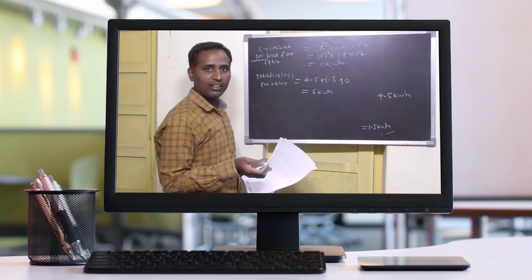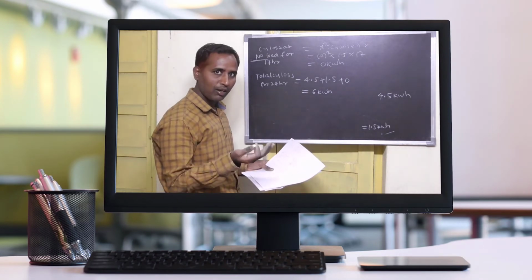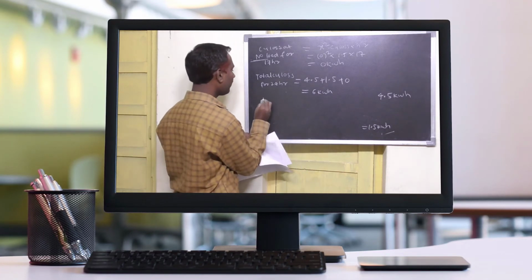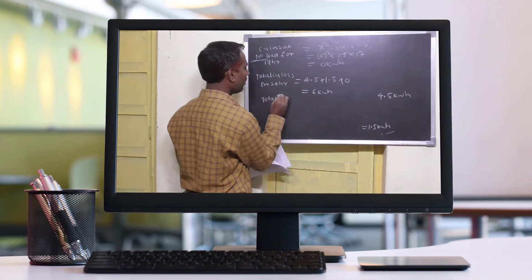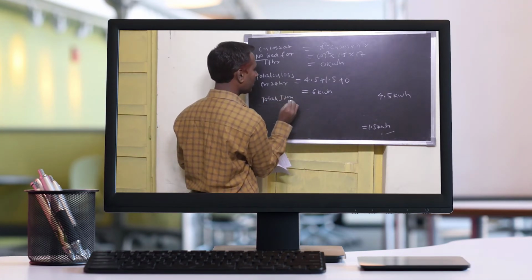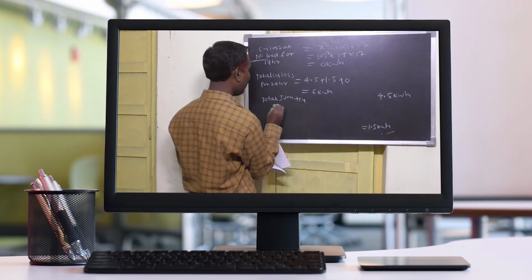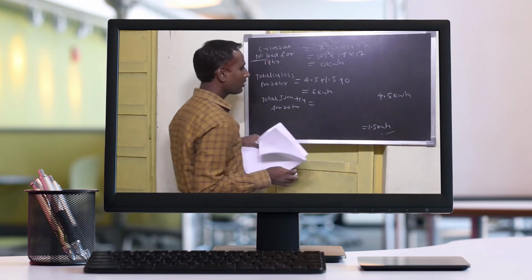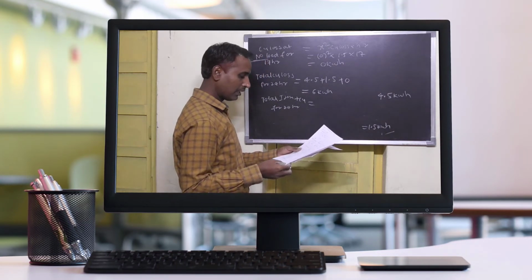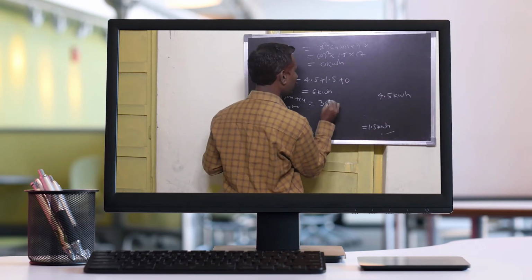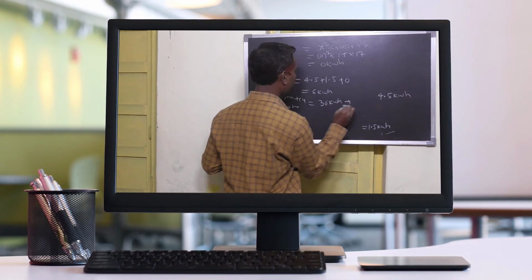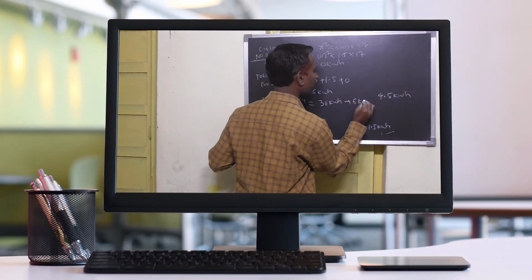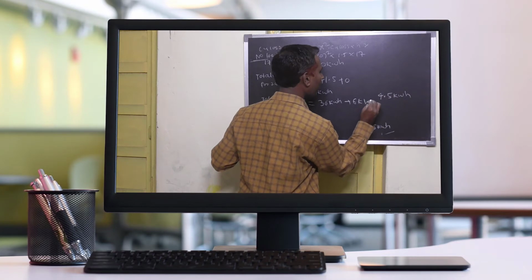Now I am going to find total iron loss plus copper loss for 24 hour. Iron loss is how much? We got 36, right? 36 kilowatt hour plus copper loss 6 kilowatt hour.